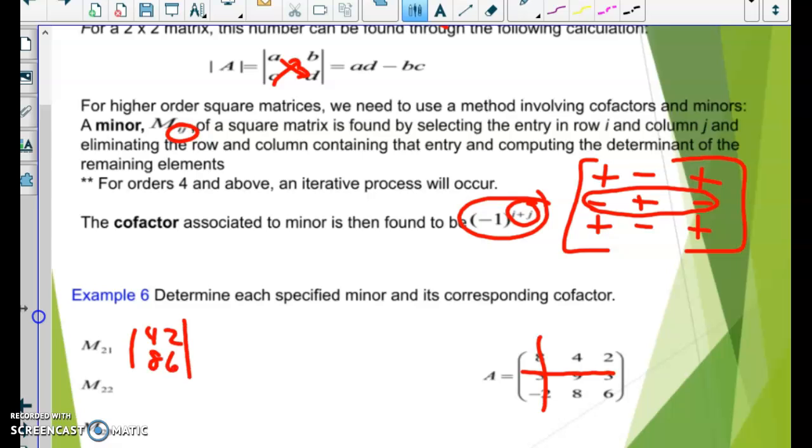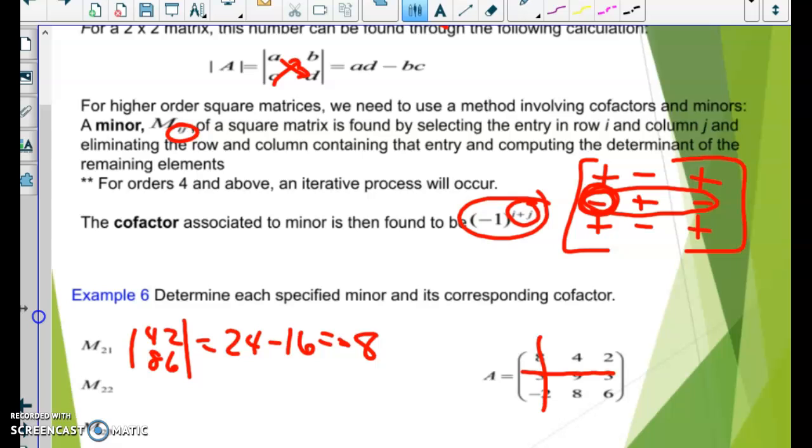And when I do the cross products, 4 times 6 minus 8 times 2, I get a value of 8. But when we expand about this cofactor, we know we've got to put a negative sign in front of it. So the answer has to be a negative 8.